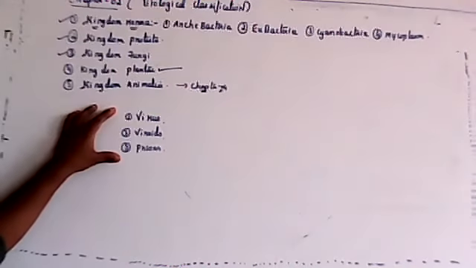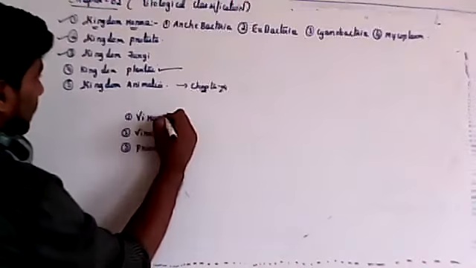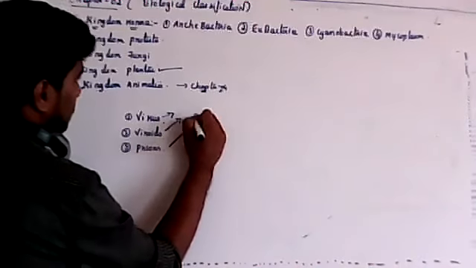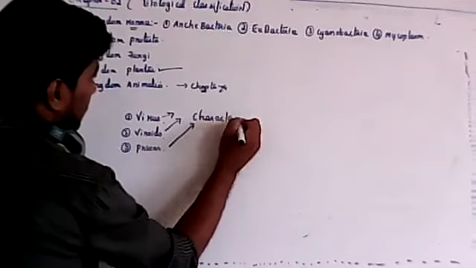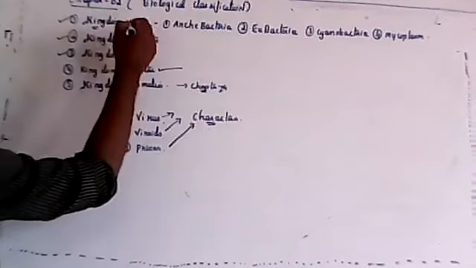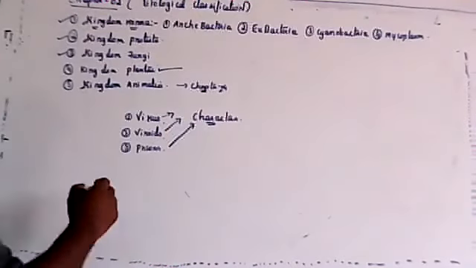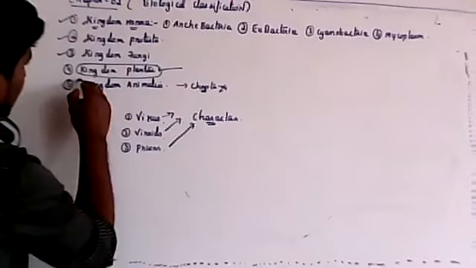They are separate organisms, kept separate. You have to know the characters of viruses, viroids, and prions. So in this chapter: kingdom Monera, Protista, Fungi, viruses, viroids, and prions. Kingdom Plantae and kingdom Animalia are separate chapters.